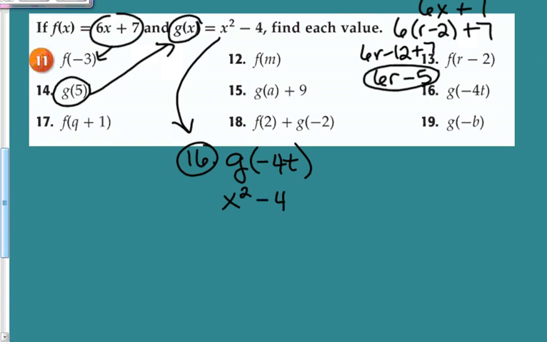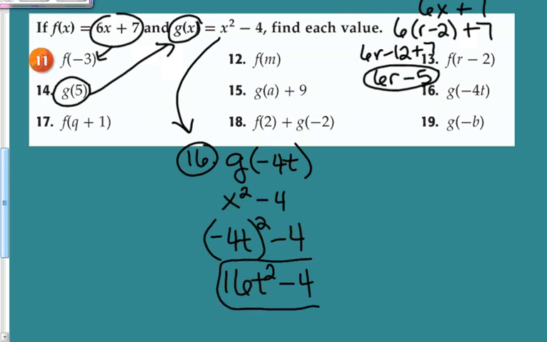So it's going to be negative 4t squared minus 4. When we square this, we're going to get a positive 16t squared minus 4. And that's as far as we can take that one, because those are not like terms, so we cannot put them together. And that's going to wrap it up. I'm going to stop here because we've used a lot of time.